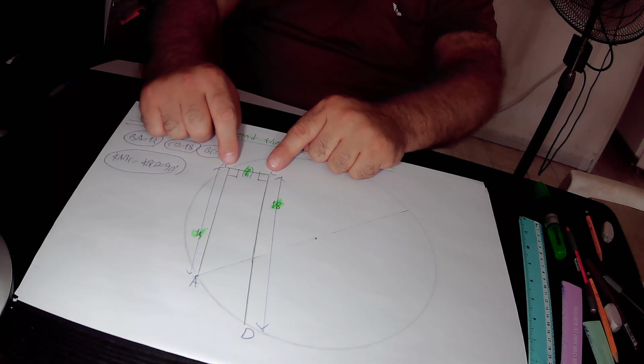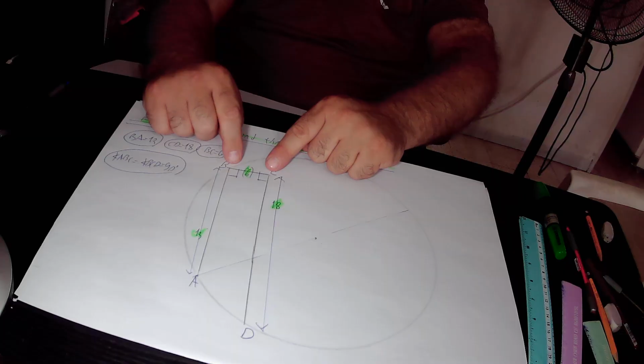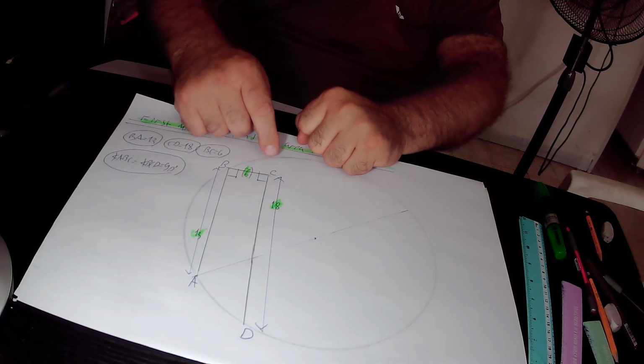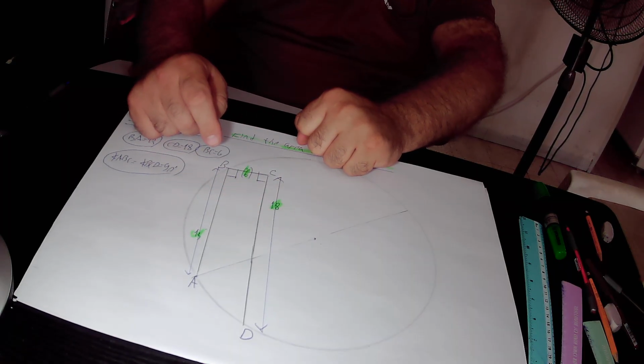And according to rule 7, if the sum of two one-sided interior angles is equal to 180 degrees, then they are located between parallel lines. That is to say, BA is parallel to CD.